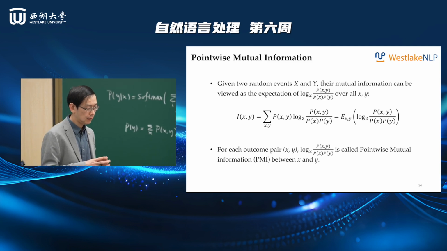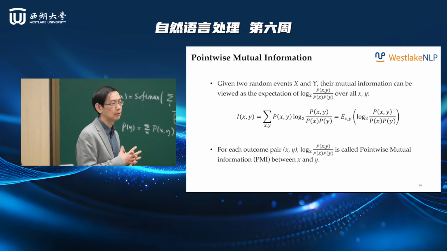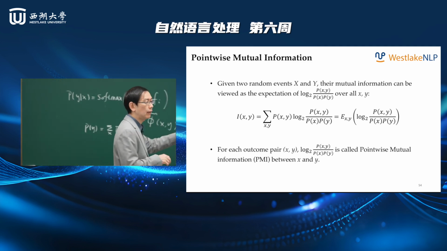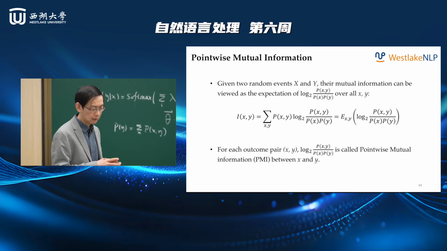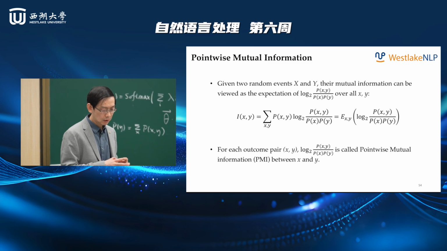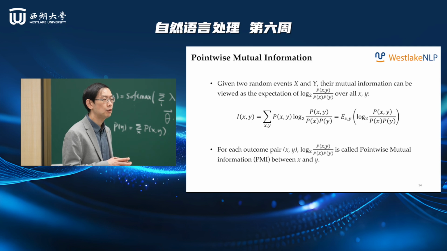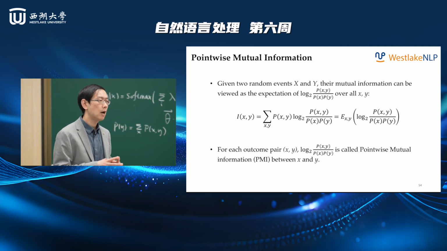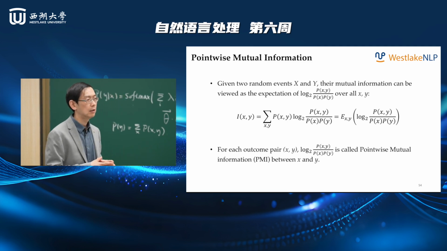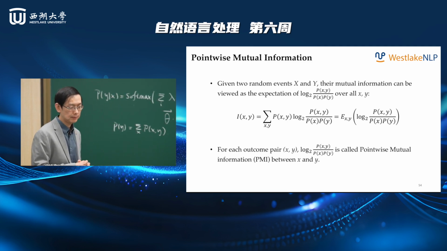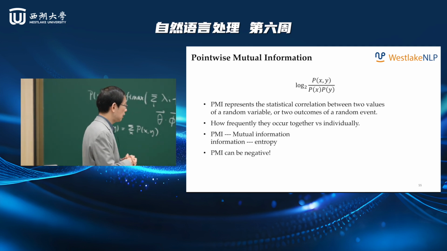Okay. So if I take any xy instance out, and only look at log 2 pxy divided by px py, this is called pointwise mutual information. Okay? And mutual information is basically a mathematical expectation over pointwise mutual information. I can draw an analogy.